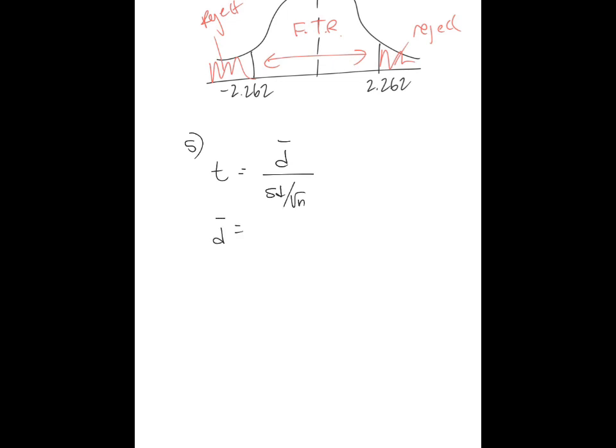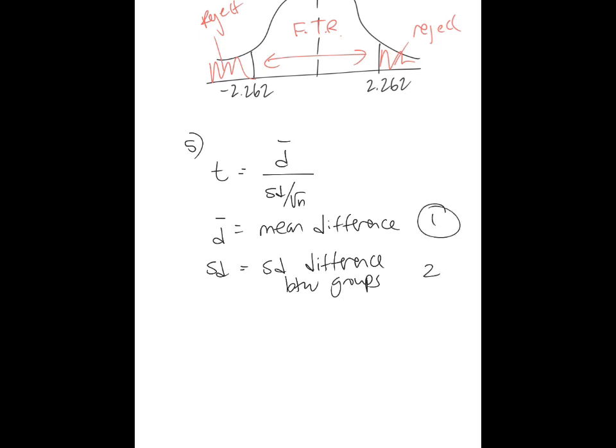D bar is the mean difference between the two groups, so in this case, the difference in appraisal value between S and B. That's going to be d bar. And sd is the standard deviation of the differences between the two groups. So what we need to do first is calculate the mean and the standard deviation before we can plug them into that equation.